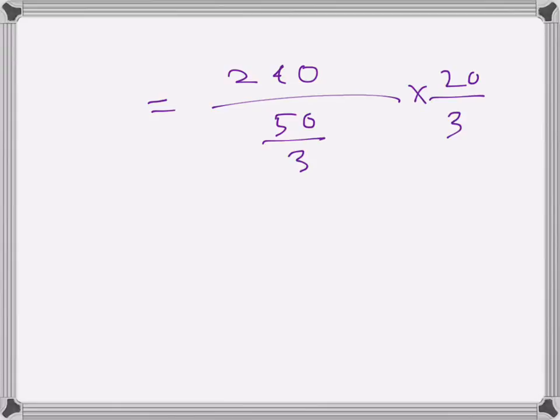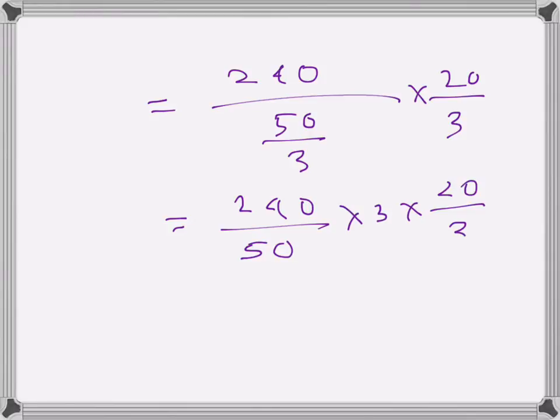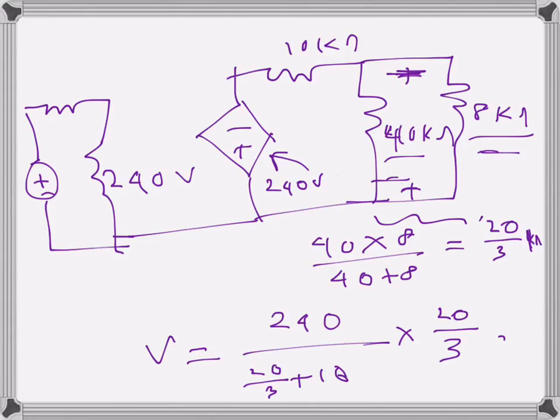So that's 240 over 50 over 3 times 20 over 3, that's 96 volts. That's the voltage drop across both the resistances.